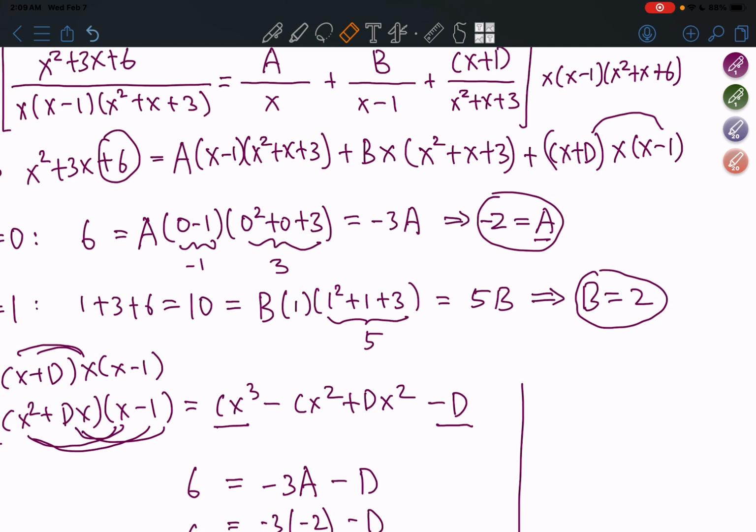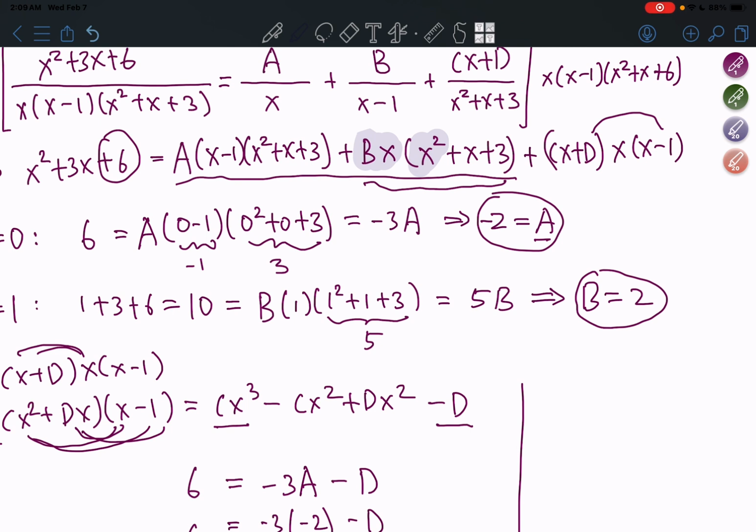Focus on these two terms, though. Let me underline them instead. How am I going to get the x cubed term from the b term? Well, there's only one way: bx times x squared. That's the only one that's going to give me x cubed.